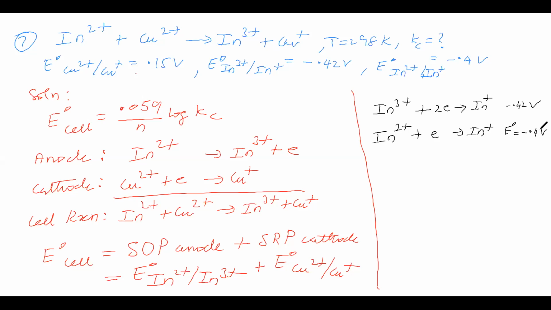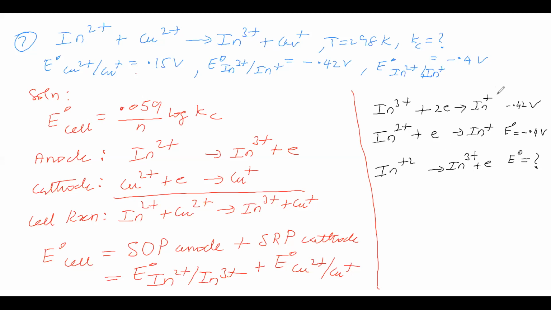What we want is In2+ | In3+, that means In2+ is converting into In3+. For this we want E naught in order to substitute here. This E naught we have to find. How to find this E naught value from these two, that we will see.